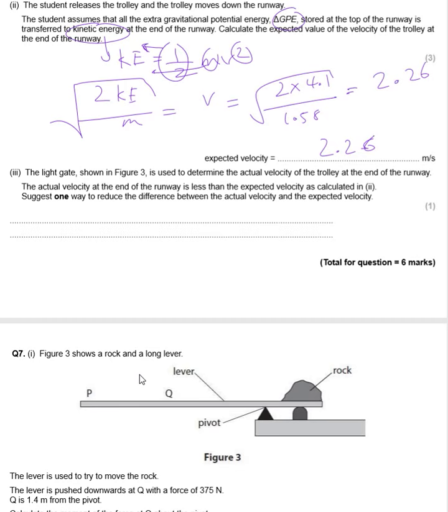Now here, why is the actual velocity less than the expected velocity? So just one reason, one way to reduce the difference between them. The reason why the real velocity is less is due to friction. Now this value that we calculated is a theoretical value in this case.